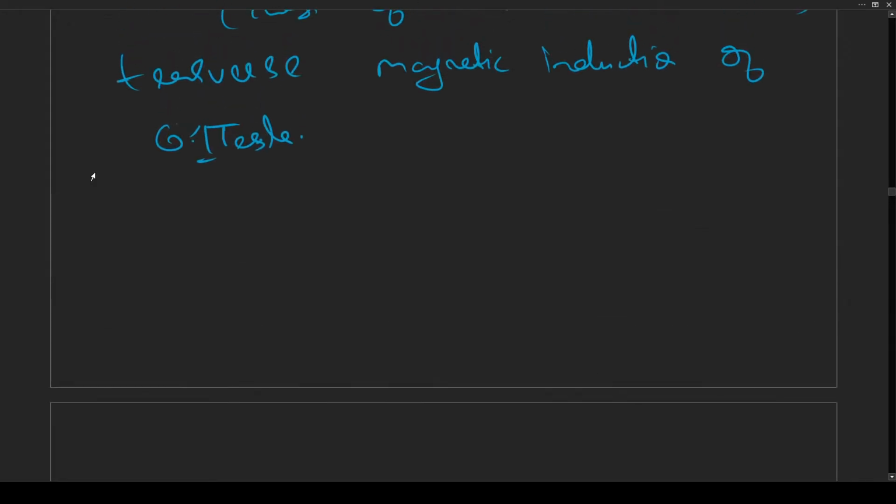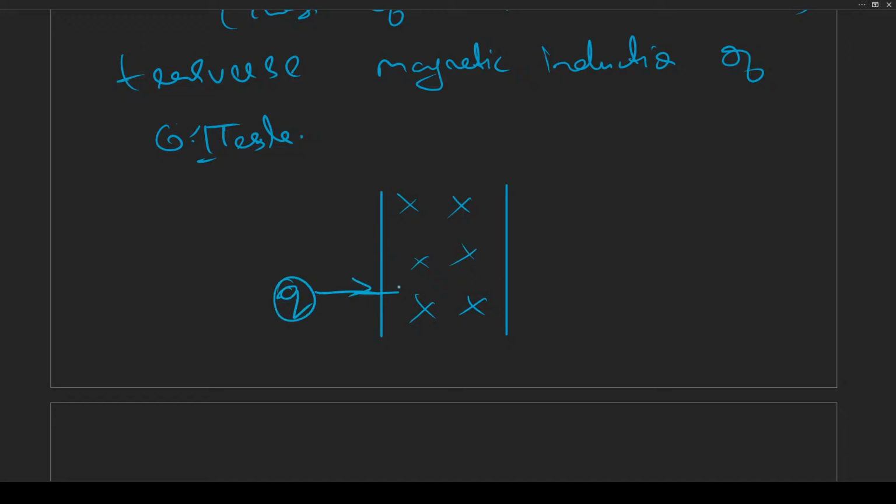The diagram I will draw. Now there is a magnetic field here. This is the motion of the particle. When it's under a magnetic force that is acting perpendicular, it will have a slight deviation.